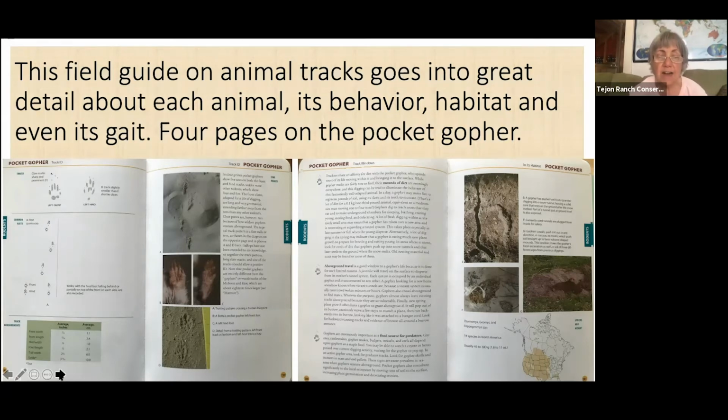Then the author has shown photographs of those prints, but also has shown the bottom of the animal's feet so you can see what actually makes it. Very useful piece of information. And then a lot of information about that animal, its natural history, just tons of information.